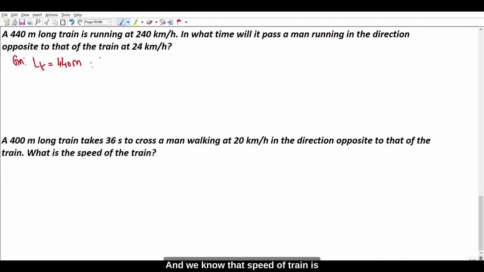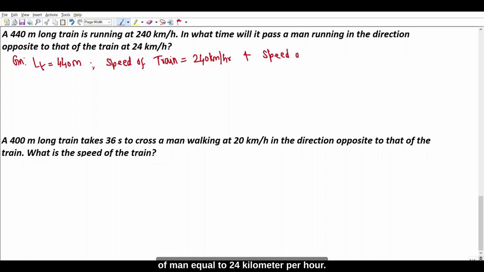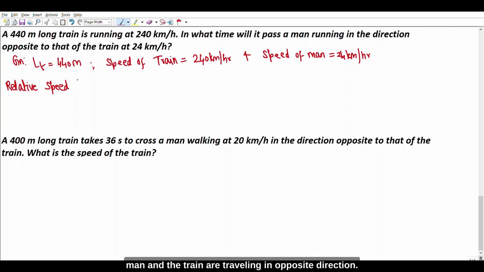And we know that speed of train is equal to 240 km per hour and speed of man is equal to 24 km per hour. From the question, we can clearly see that both the man and the train are traveling in opposite direction.